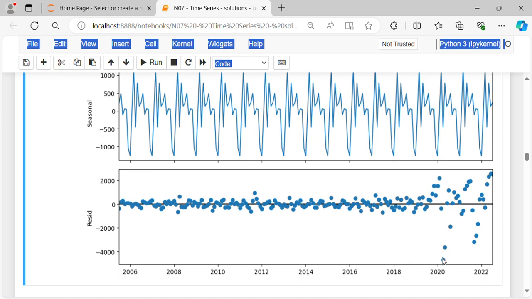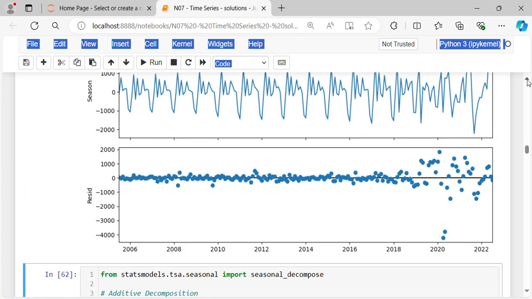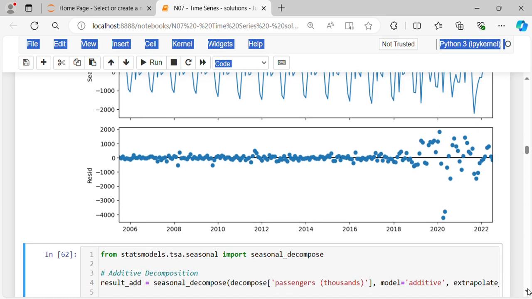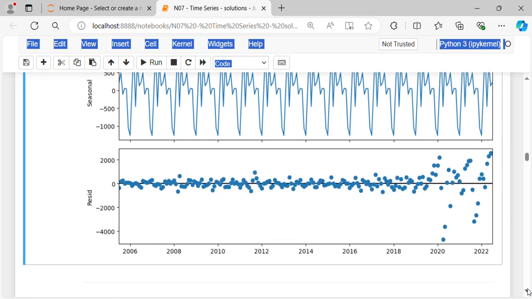So these residuals are a bit high. These are below minus 4,000, and one value is below 4,000 and the other value is above minus 4,000.